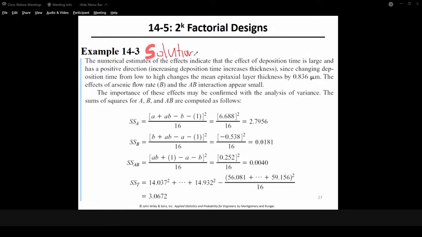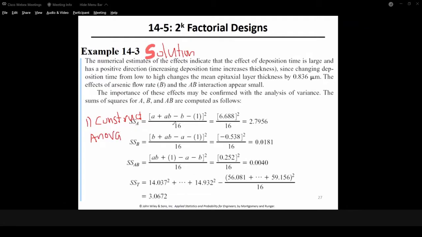Because as I mentioned, the first is maybe to construct the ANOVA table. Remember, this is a typical question you will be asked: construct the ANOVA table.